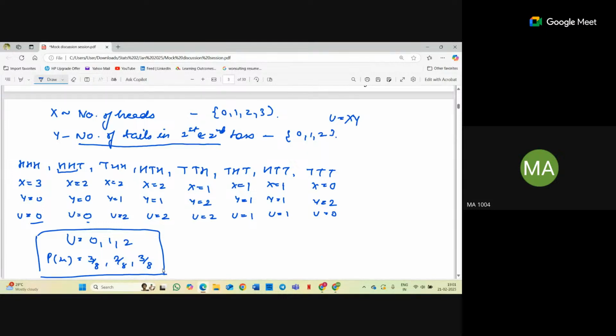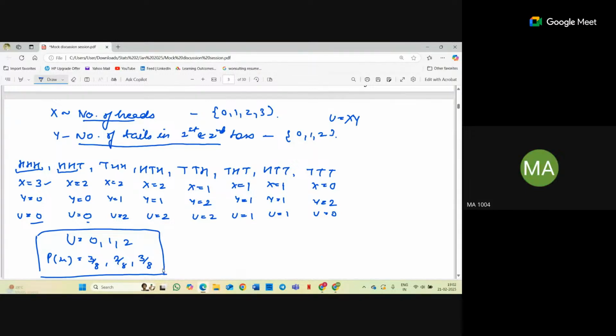See, you're talking about the PMF. See, x is the number of heads. If you see in this toss, we are getting 3 times head, right? So x is denoting the number of heads. So the number of heads in this toss is 3.